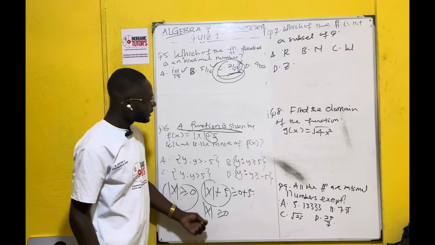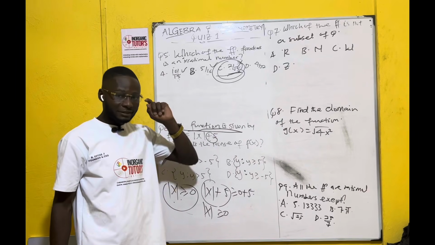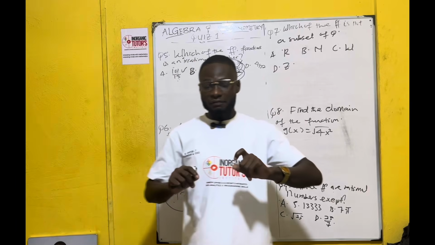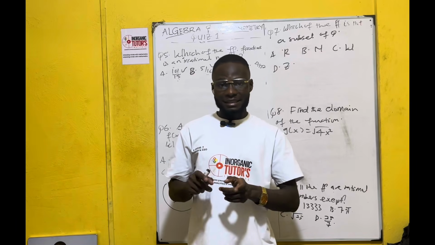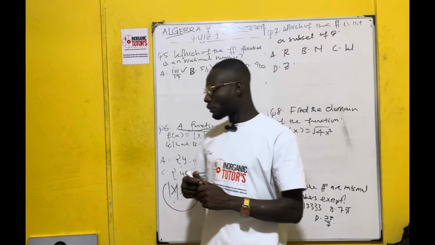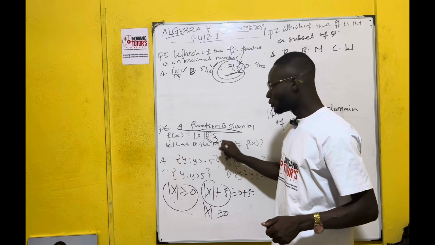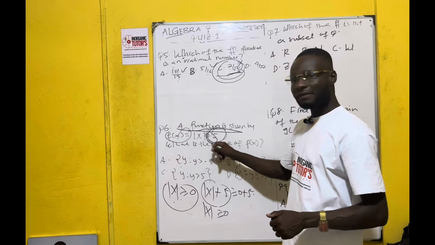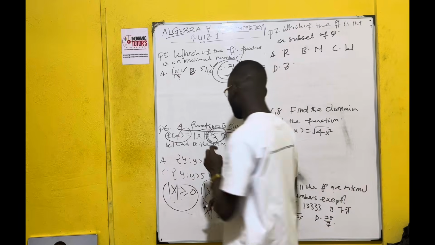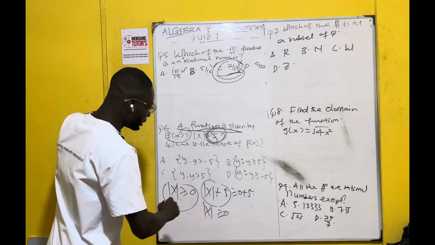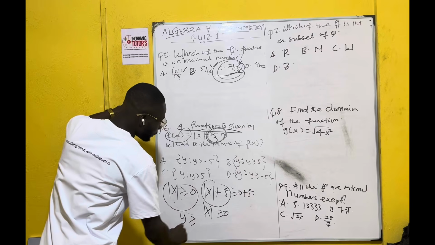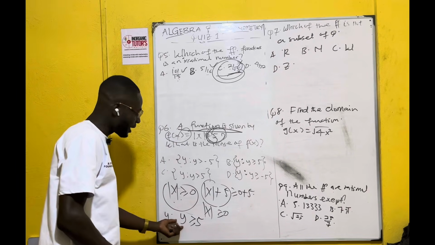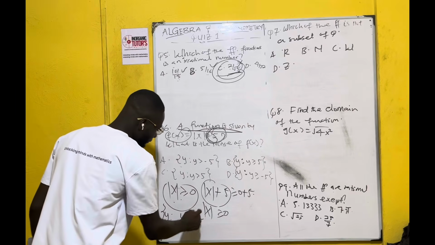So you could see that the function f of x is greater than or equal to 5, because the smallest value of the function f of x is 5, since we added 5 to both sides. So the range here is y greater than or equal to 5. So the range is y such that y is greater than or equal to 5.